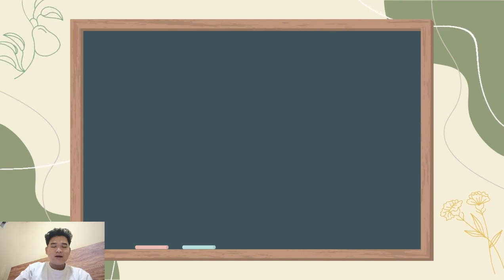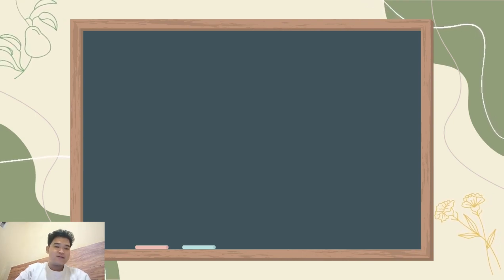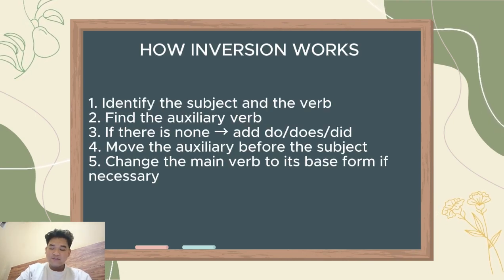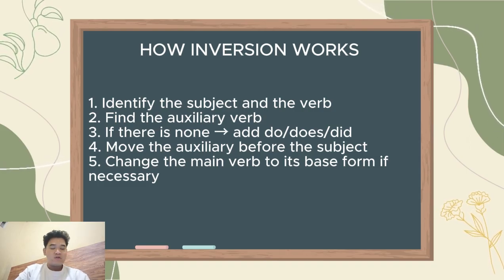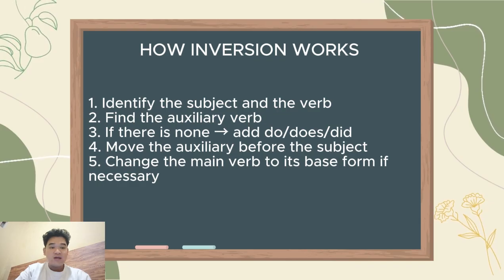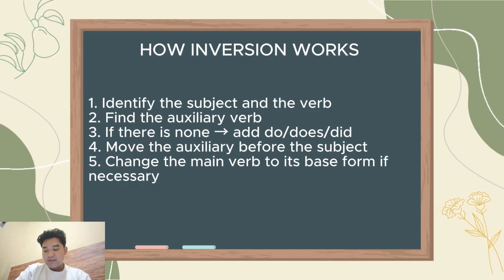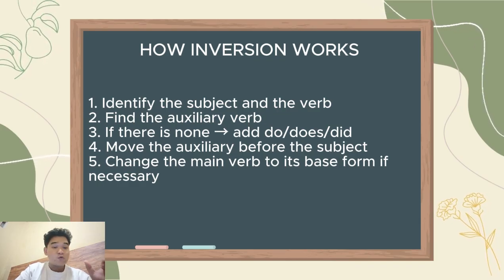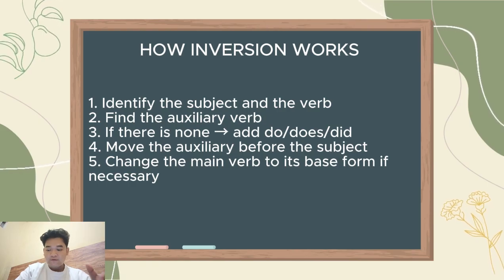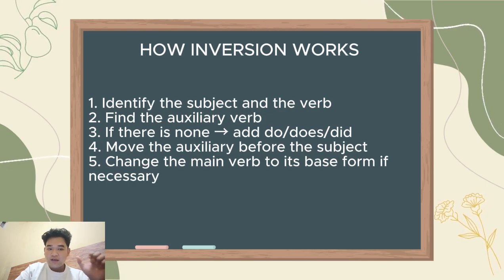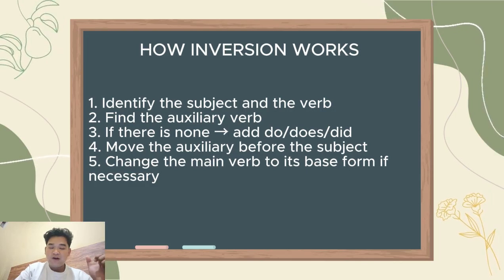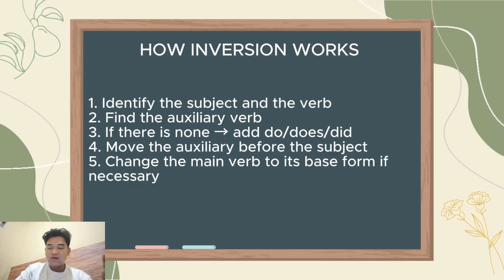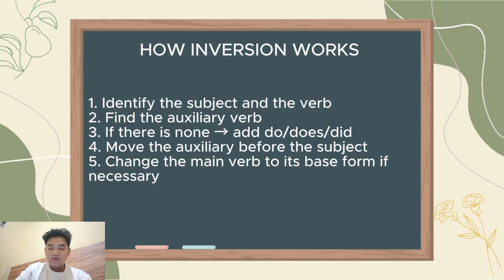Now let's take a look at how to make an inverted sentence. These are the steps you have to do. First, identify the subject and the verb, and then find the auxiliary verb. If you don't find any auxiliary verb in the sentence, you have to add either do, does, or did.